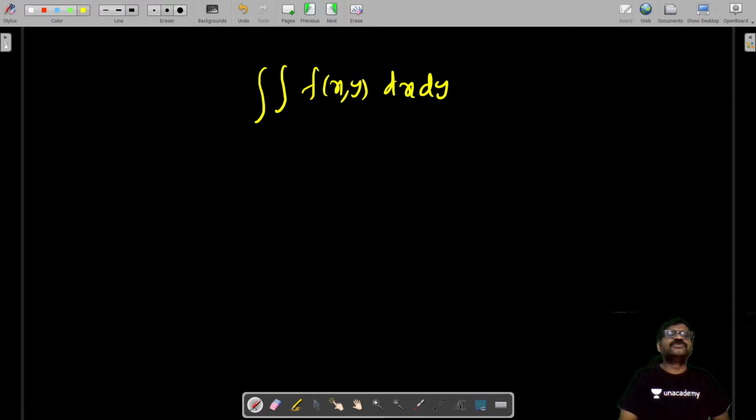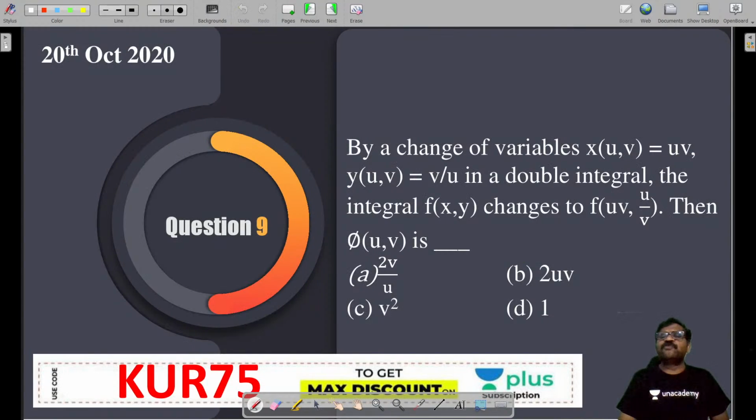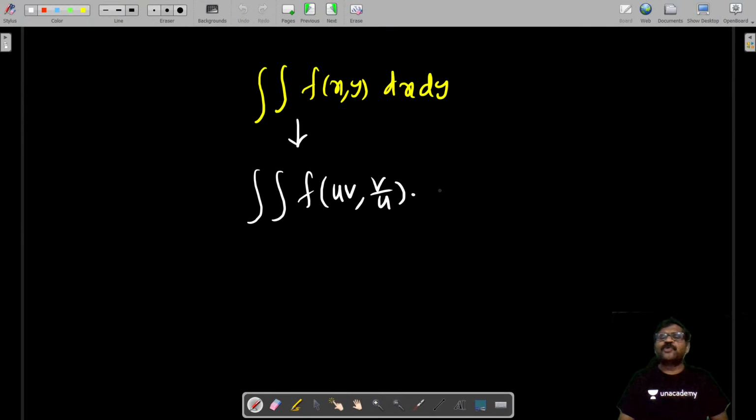Observe, it is a problem designed on the change of variable concept. Double integral function of xy dx dy transforms to double integral function of uv comma v by u. Whenever you are going to change variables from one system to another, you compulsorily have to use the Jacobian.